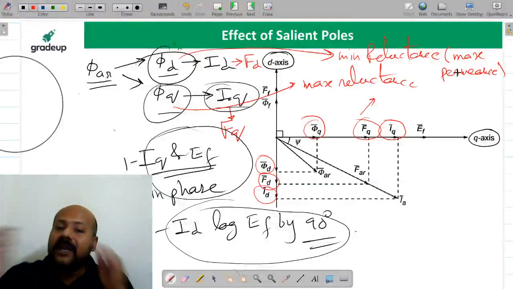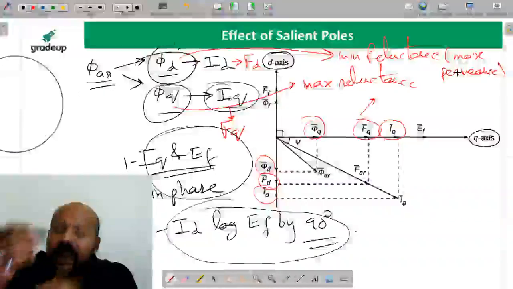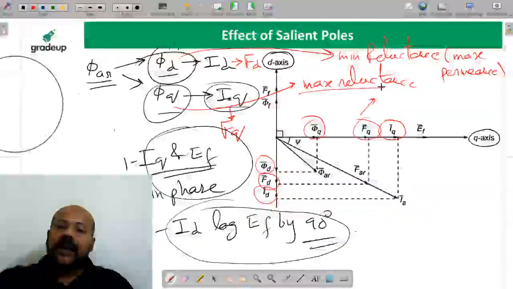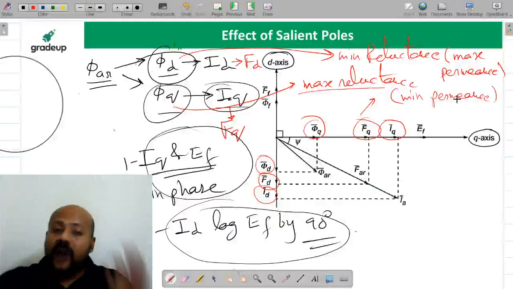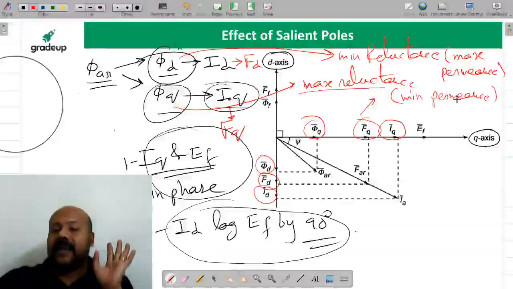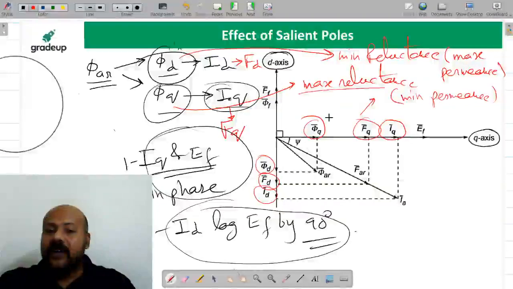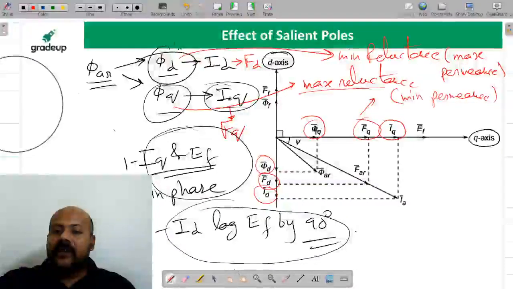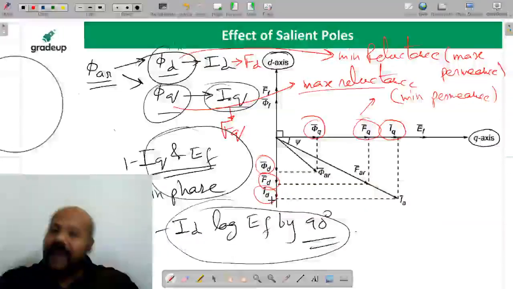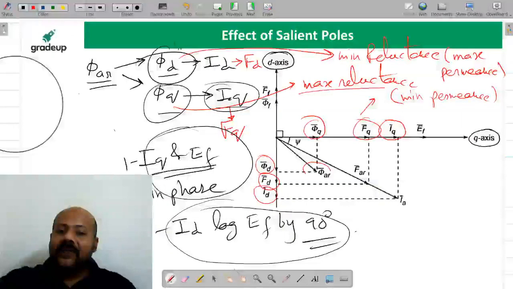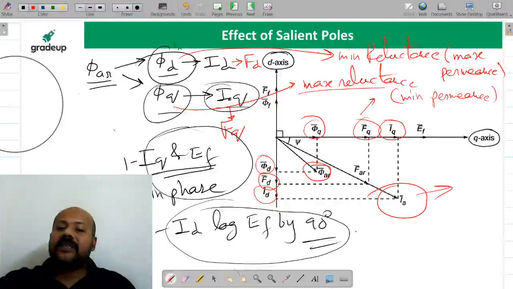What is permeance? The reciprocal of reluctance. And maximum reluctance or minimum permeance. You are going to be surprised by this idea, beta, that even though phi q, FQ, IQ are in the same direction, and phi d, FD and ID are in the same direction, the armature reaction is not in phase with this armature current.